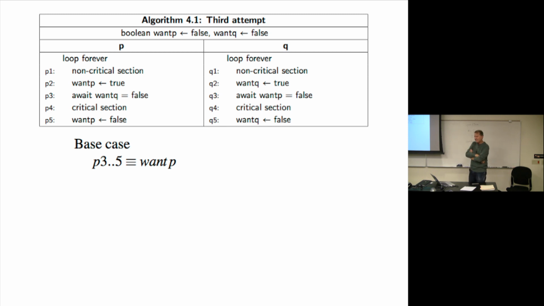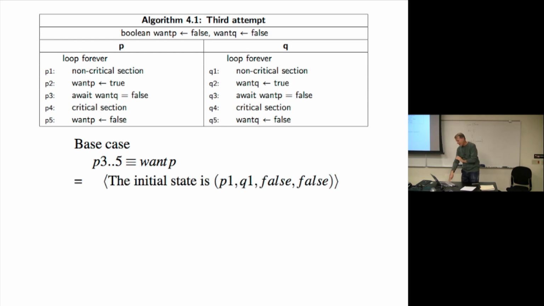The base case is P3.5 ≡ wantP. What did we say the base case was? The initial state, which is P1, Q1, false, false.